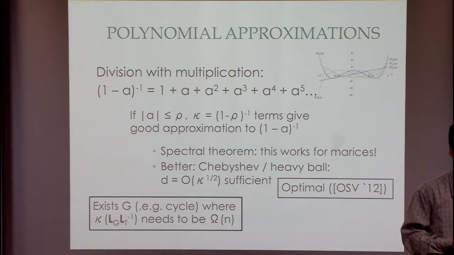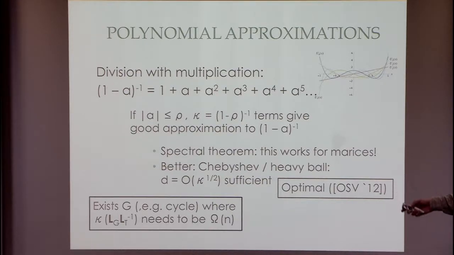And what we can also show is that for our definition of a tree, if you just restrict your definition of a tree to, say, a spanning tree, there exist graphs where the condition number of the graph versus any tree needs to be at least roughly n.